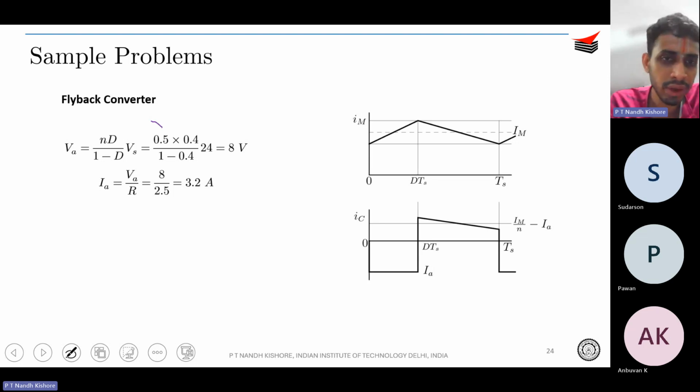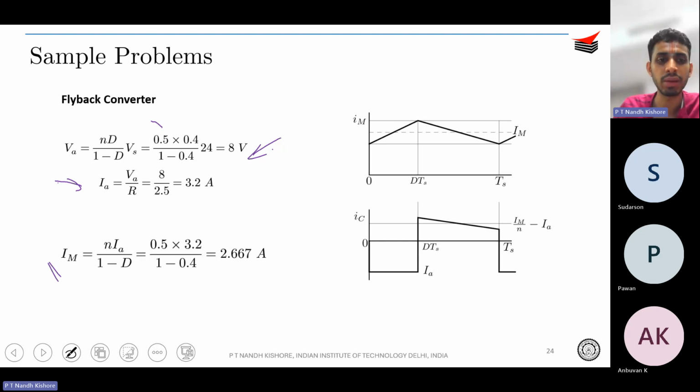VS is also given. Find out your output voltage VA. Once you know VA, you find IA, that is IA is equal to V by R. Therefore, your IM is also known. IM is N into IA by 1 minus D, that's what we derived now. So it turns out to be 2.667 amperes. Simple.